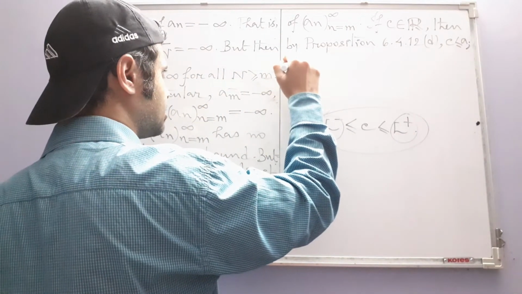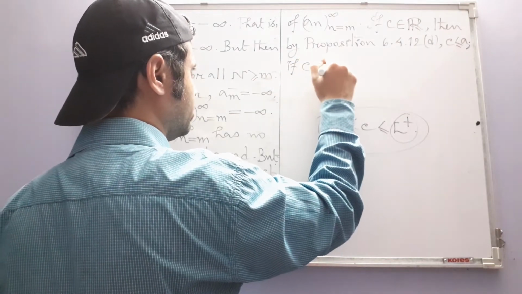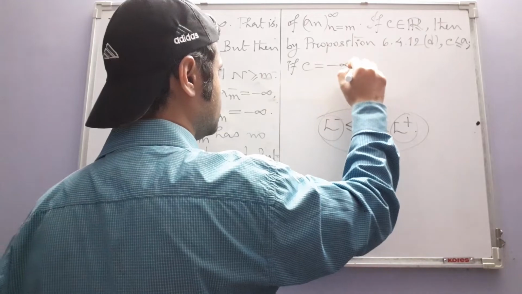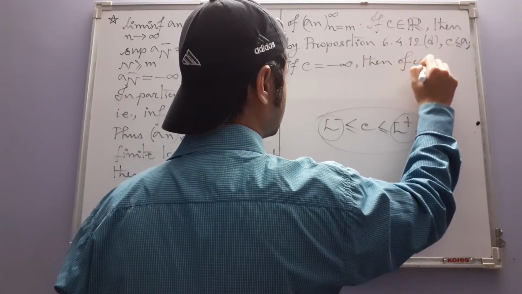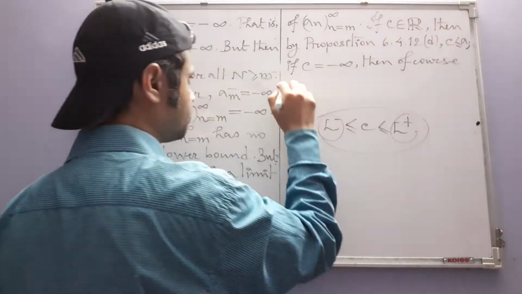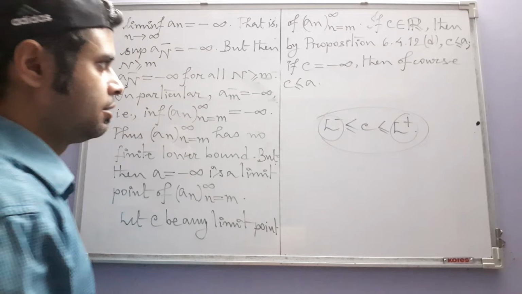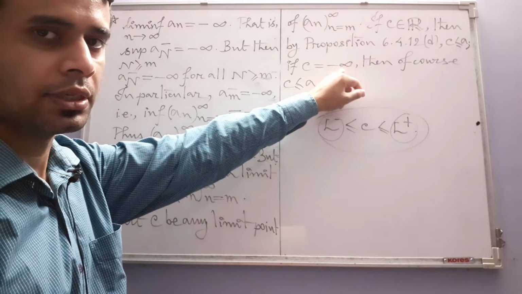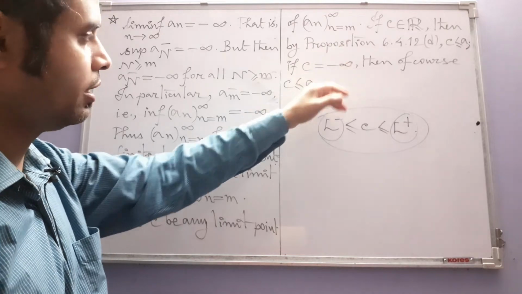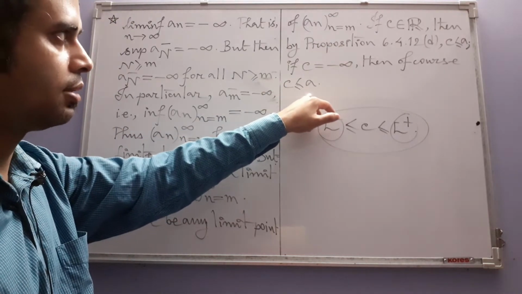And there is one other case which can be handled very easily. If C is minus infinity, then of course C is less than or equal to A, and this inequality just simply follows from the fact that C is minus infinity. You don't need anything else. It is the smallest extended real number, so that's why we have this inequality.